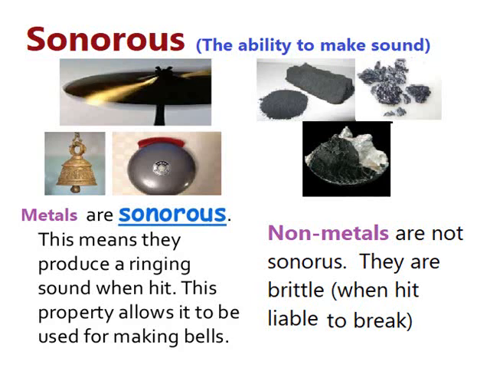So all this, when being hit, produces sound. So generally we can say metals are sonorous. This means they produce a ringing sound when hit. This property allows it to be used for making bells.